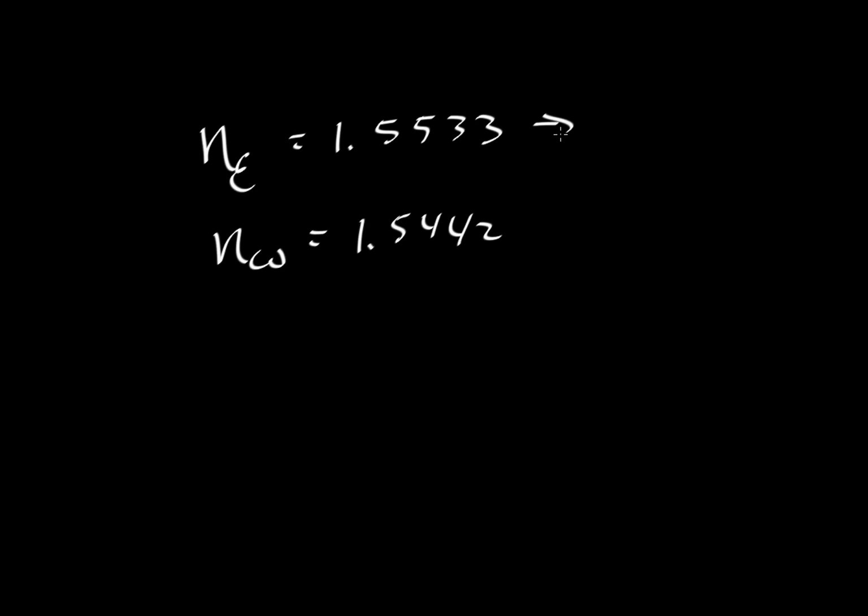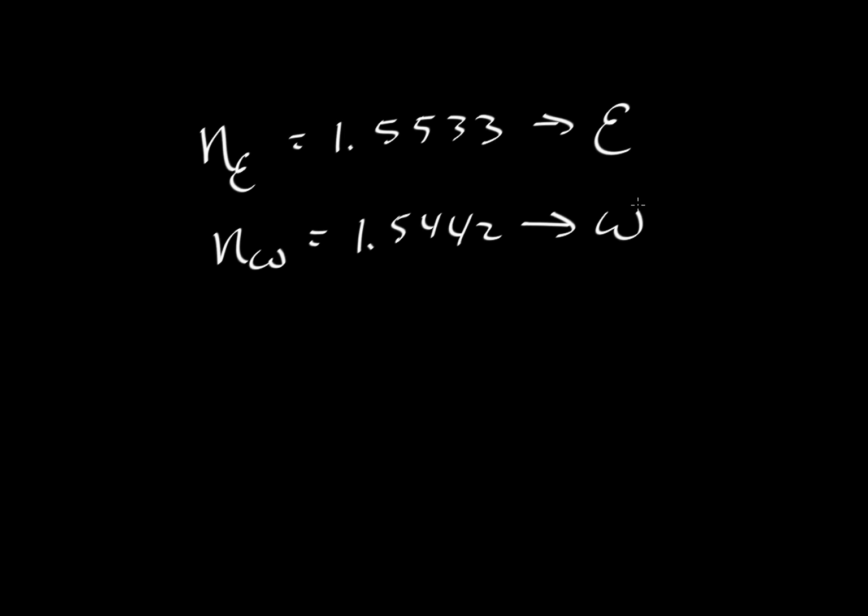You'll see two values listed. You'll see an n omega that'll be listed at something like 1.5533, and then you'll see an n epsilon that is about 1.5442. I don't know if I misspoke here. This is epsilon. And in a British textbook, they might drop the n and just call it epsilon. So instead of n sub epsilon, it'll just be the epsilon itself. Over here, same thing.